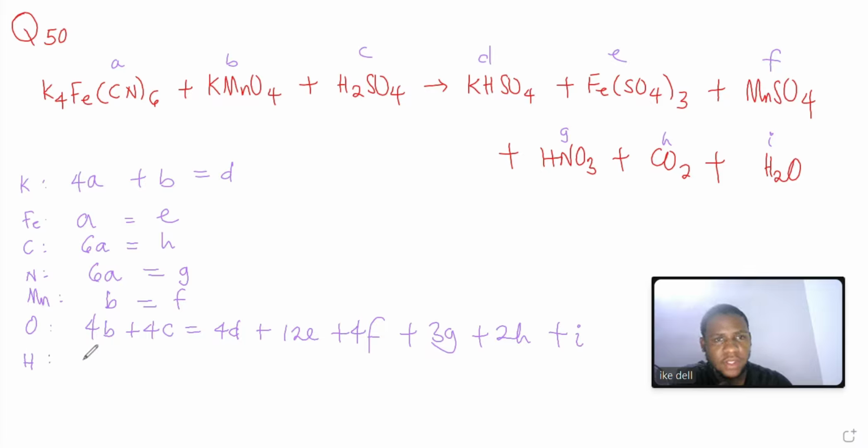Hydrogen is 2C equals D. Where else can I see hydrogen? Plus G plus 2I. And then after hydrogen, we have sulfur, S. Sulfur is C. Where else can I see sulfur?